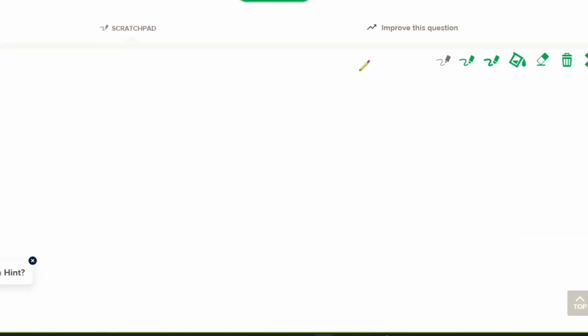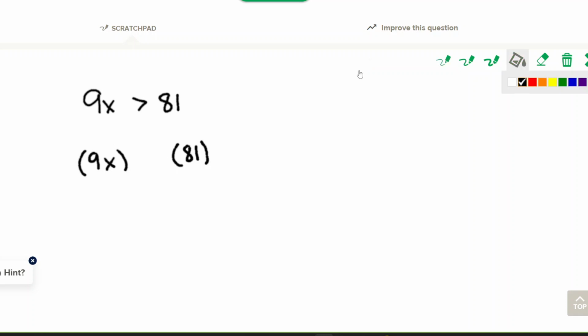We have 9x, 9 times x, is greater than 81. Once again, here's the left side, here's the right side. Notice, I'm not putting the inequality symbol yet because I don't know if it's going to flip around.